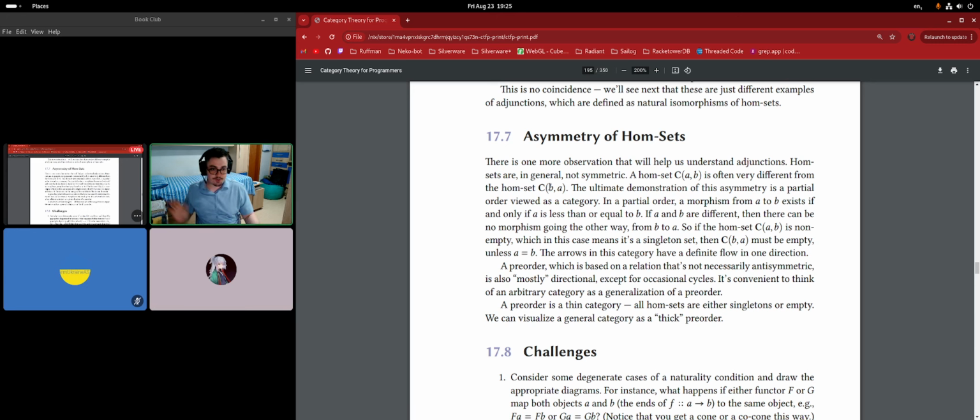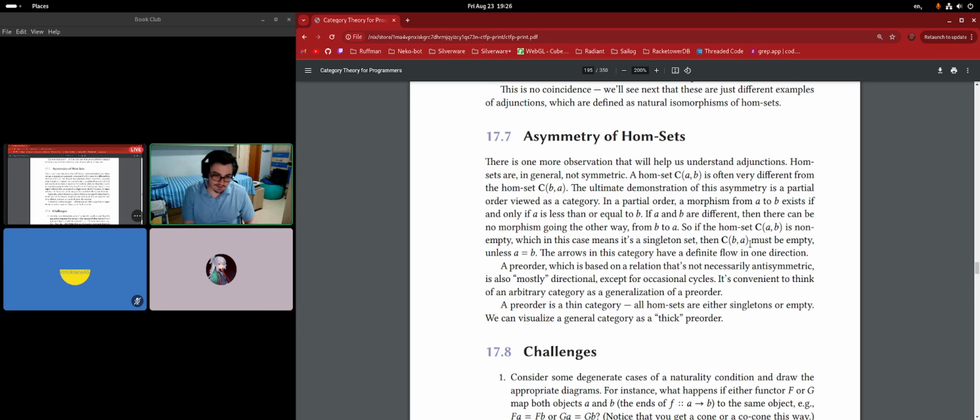So the ultimate demonstration of this asymmetry is a partial order viewed as a category, and we've seen this before at least twice. In a partial order, a morphism from A to B exists if and only if A is less than or equal to B. If A and B are different, then there can be no morphisms going the other way from B to A. So if the home set C(A,B) is non-empty, which in this case means it is a singleton, then C(B,A) must be empty.